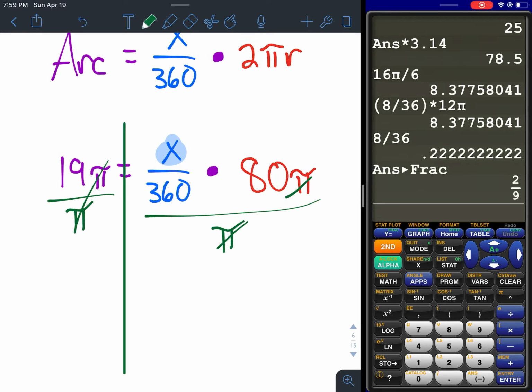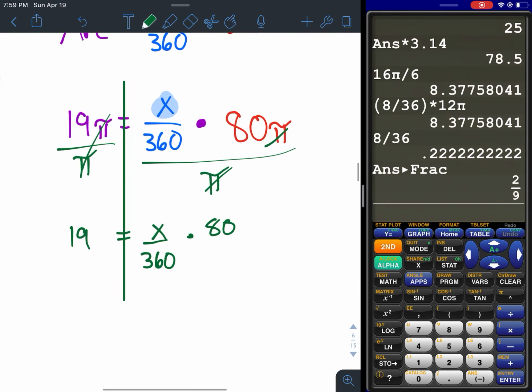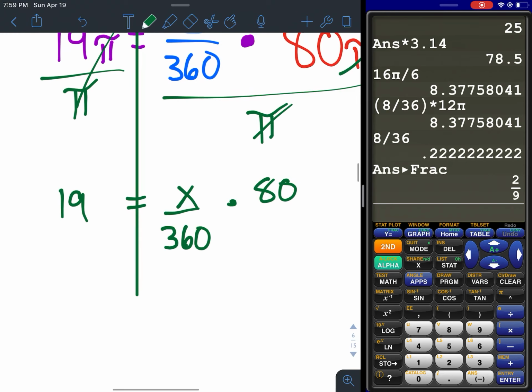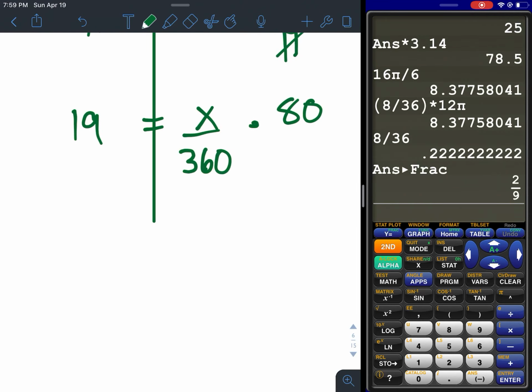And now you're left with kind of a two-step equation. So we're left with 19 equals x over 360 times 80. All right, so on the right side we have x over 360 times 80, which can be simplified down to just 80x over 360.